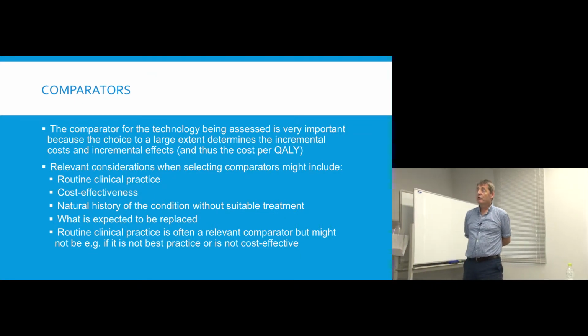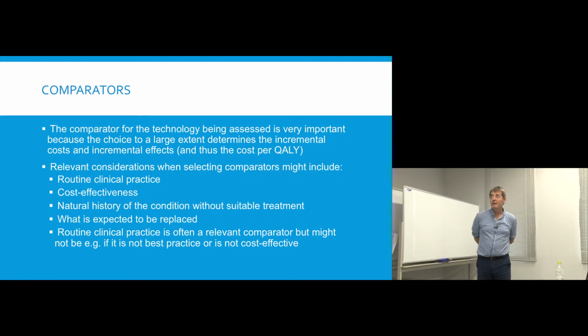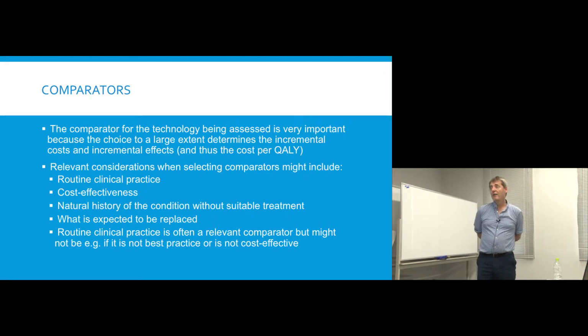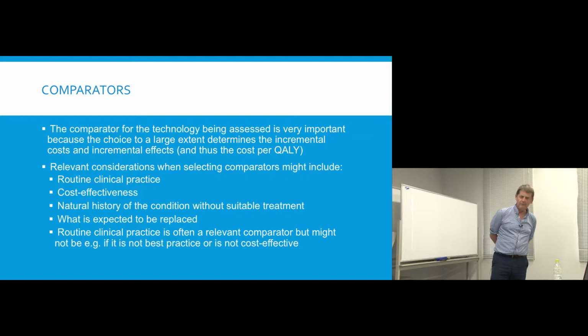Sometimes, perhaps the most appropriate comparator is natural history. This would be a situation where, for the condition that you're looking at, there isn't really currently any suitable treatment. And so the most appropriate thing is what happens if the patients are simply left with that condition. What is the natural history of it?